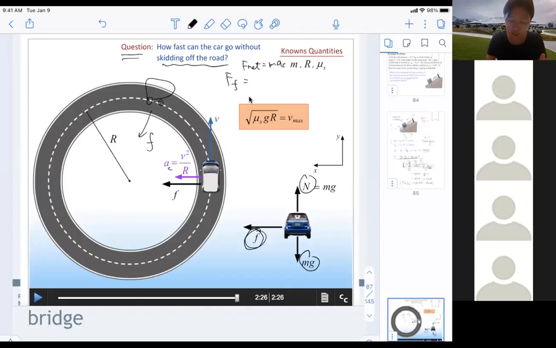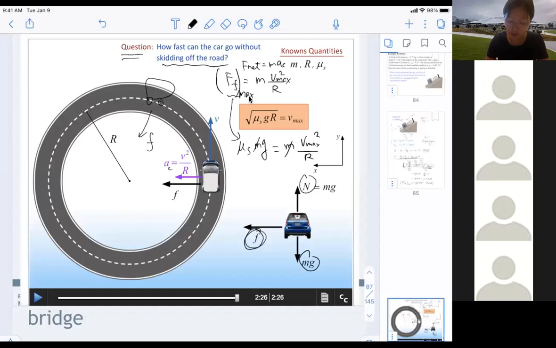And the friction is providing the centripetal acceleration, and acceleration is v squared over r. So what is the maximum amount of v you can have? We know that the maximum amount of static friction that you can have is going to be mu sub s times normal force, which is mg. So I'm going to replace this by mu mg, and the right-hand side is v max squared over r.